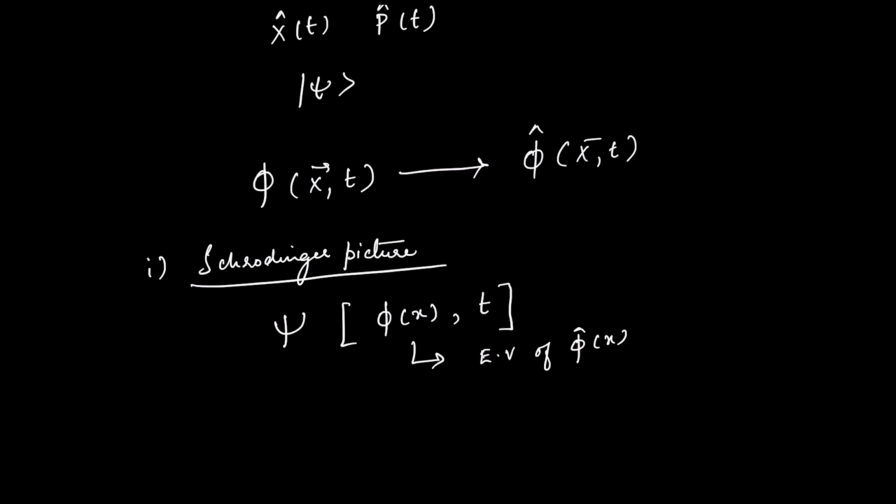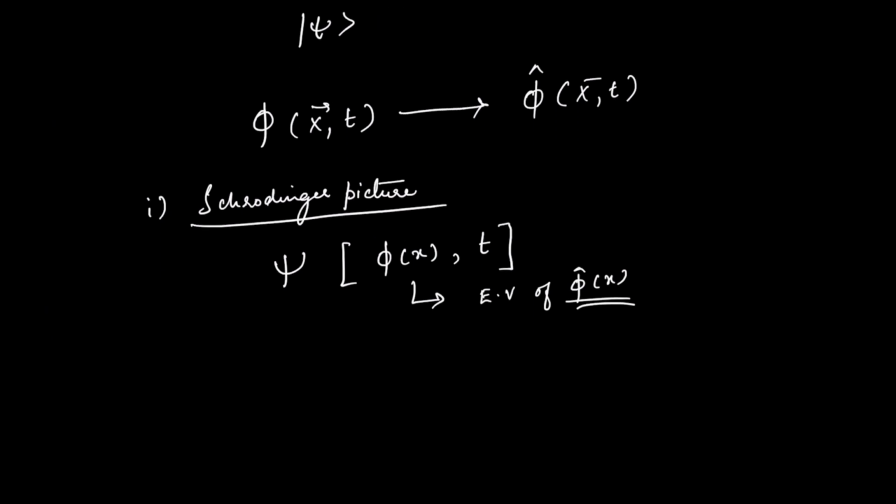There is no time, it's only dependent on phi of x. Since phi itself is a function of x, psi will be a functional. But in Heisenberg picture, the operator phi evolves with time and the state does not evolve with time.